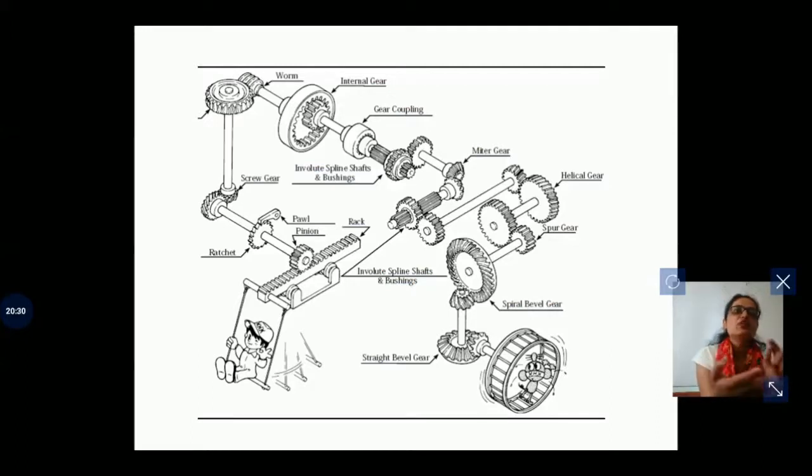In case of intersecting, we have bevel gear and all types of bevel gear, that is straight bevel gear, spiral bevel gear, miter bevel gear, zero bevel gear, and hypoid bevel gear. And the last category is the non-intersecting, non-parallel, non-coplanar. We have worm wheel and we have the screw gear.